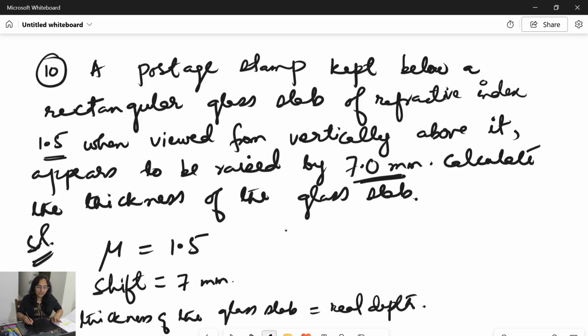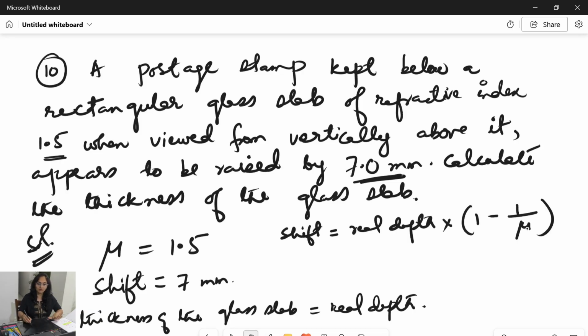Our formula is shift equals real depth into 1 minus 1 by mu. We will just put the values. Shift is 7, so 7 is equal to real depth, I am writing RD, into 1 minus 1 by 1.5. So if we solve this, what do we get? Let's solve it.